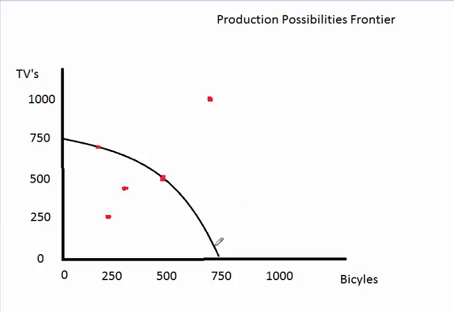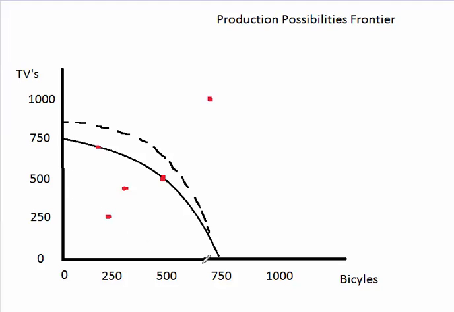So the graph, instead of staying how it is, the end on the y-axis here would curve up. So the graph would end up looking something a little more like this. So as you can see, they can now produce more TVs in the same amount of time as before it would take them to produce less TVs.